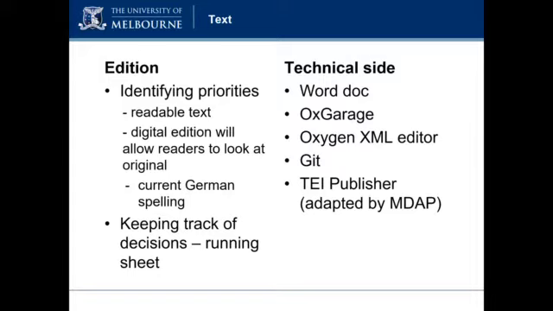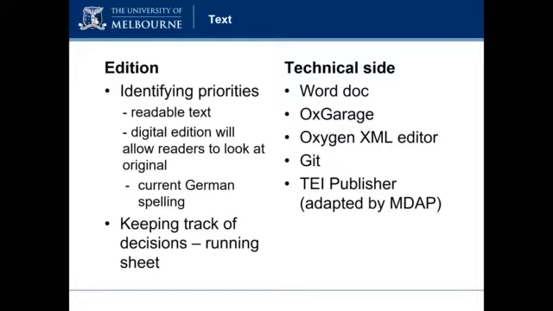So if a reader does end up being interested in a particular passage, they can refer back to the manuscript and see for themselves what, for example, might have been crossed out or scribbled in the margins. So having readability as an overarching priority made editorial decisions much easier to make, because we could constantly orientate ourselves towards that goal each time a decision needed to be made.